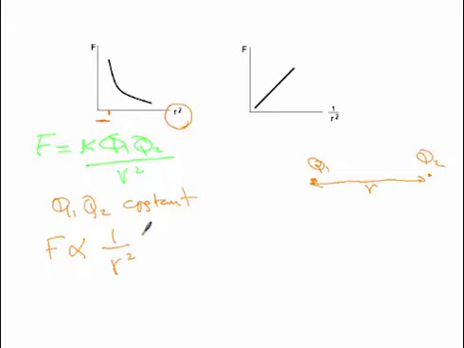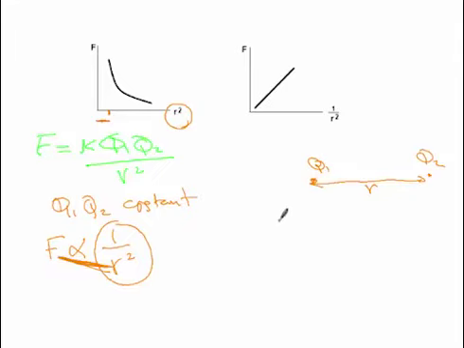But what if we take the relationship between F and 1 over R square here? We said that F with R square are inversely proportional.